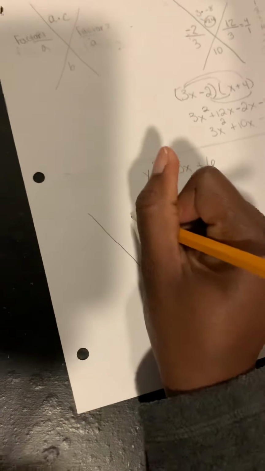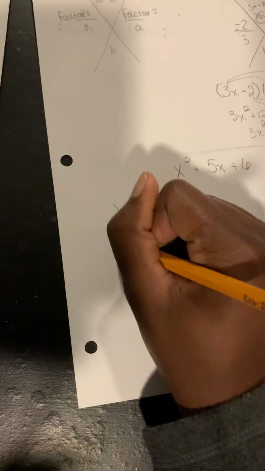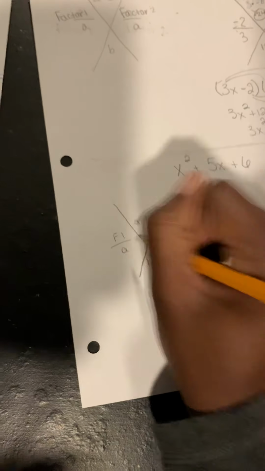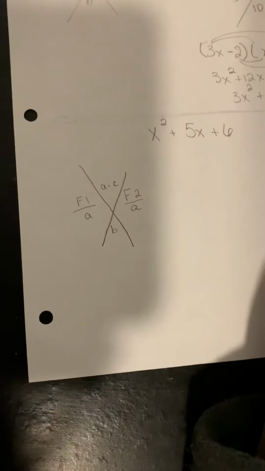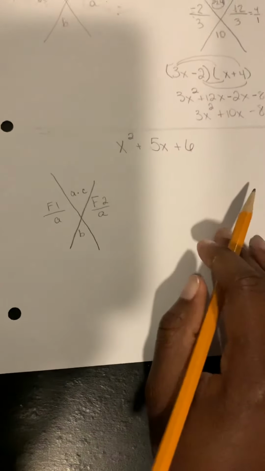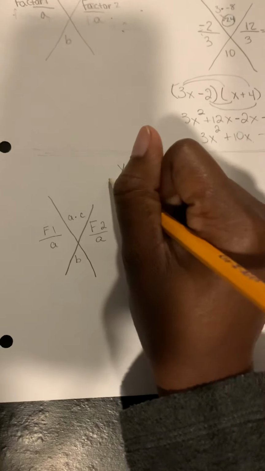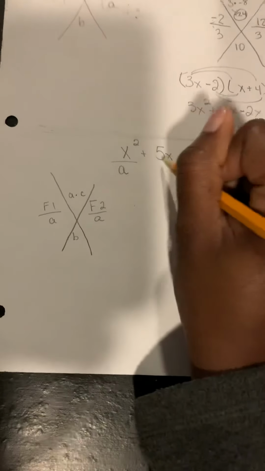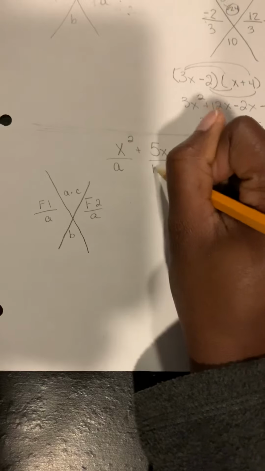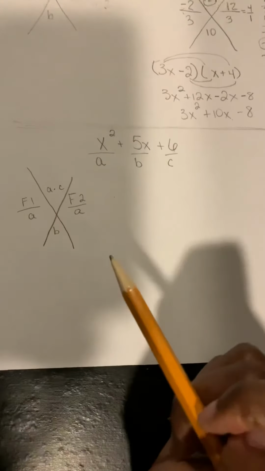Within our X, we have A times C, B, factor 1 over A, and factor 2 over A. Again, factor out the GCF, there is none. Going to the next step, always identify A, B, and C. Since there's no number here, we know our A is 1, B is 5, and C is 6. Now we just want to fill in our X.